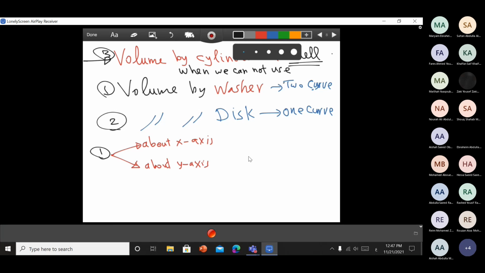So the volume will be, from A to B, pi, and the radius will be vertical, so it will be y squared. This is the area of the circle, and you accumulate this by slicing in x, so you have dx.